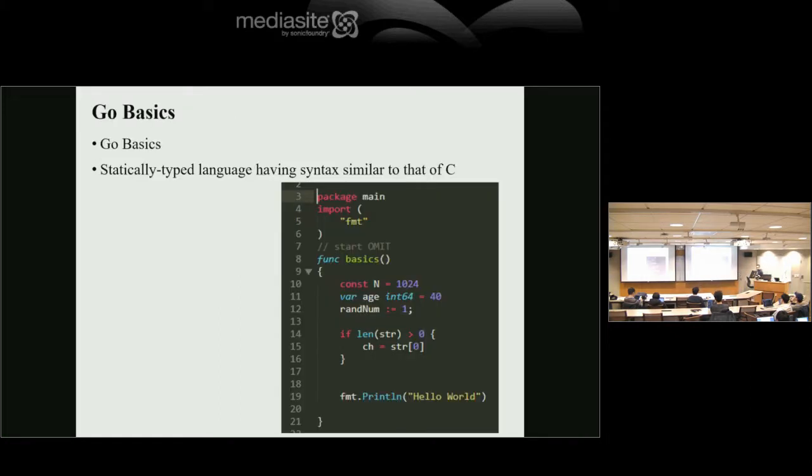So let's talk about the basic Go syntax. It is a little bit different from the programming languages we are familiar with, like C++ or Java. For example, if you want to use some package, you have to import it here. In this case, I import the fmt package, and I can use it to print something to the console.